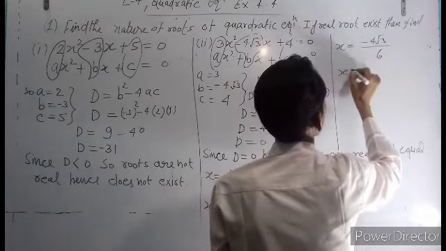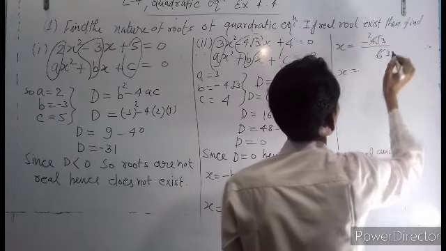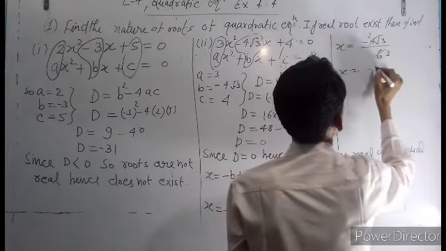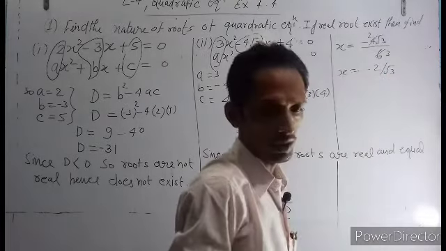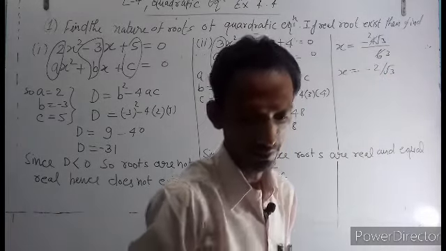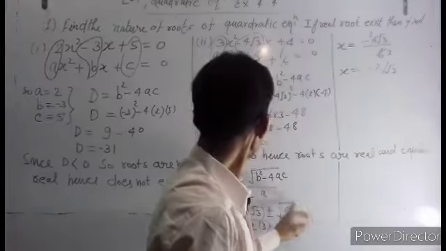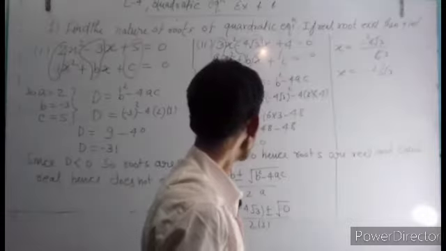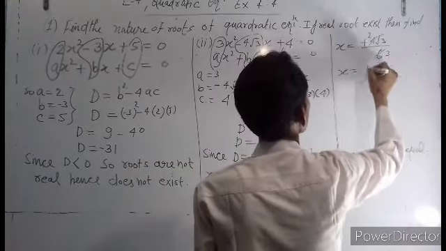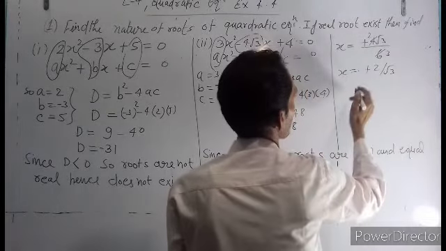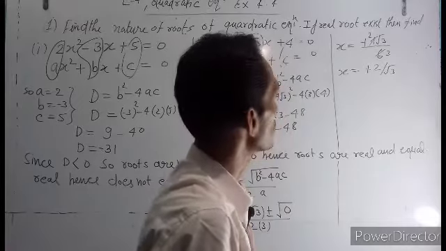Okay, x equal to 2 by root 3, with the sign becoming plus. So x equal to 2 by root 3.